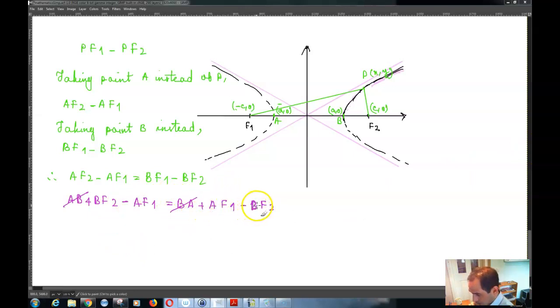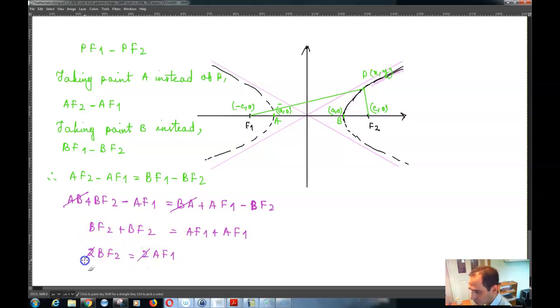So I can write this as BF2 plus BF2. Take this to the other side of the equation, is equal to AF1 plus AF1. So 2 times BF2 is equal to 2 times AF1.